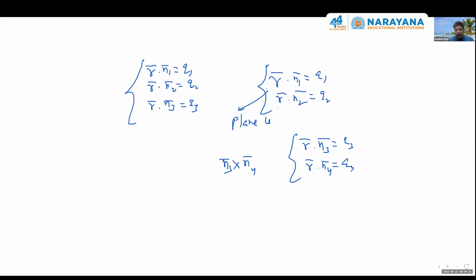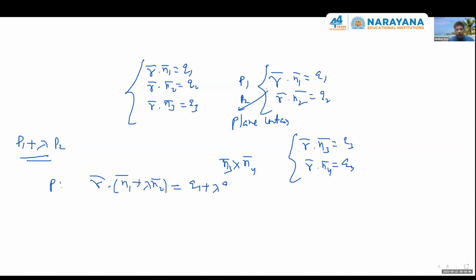So plane containing their LOI, that means it is a family of planes. So what family you can write? You can write if this is P1, this is P2. So this you can assume as P1 plus lambda P2. Okay. So what is your P that you can define? R dot N1 plus lambda N2. Write it in this manner. That will be easier for you to comprehend. Okay. So this is your plane.